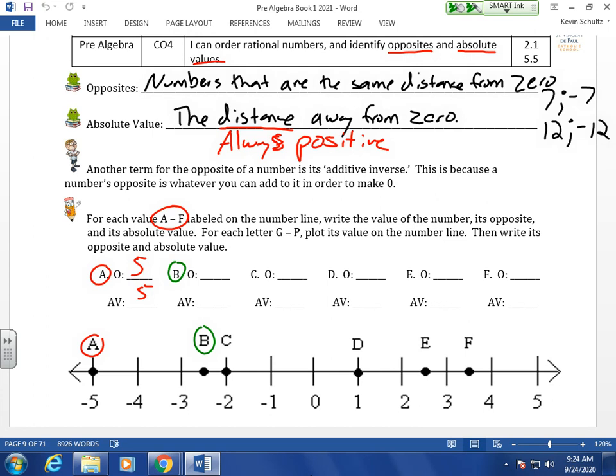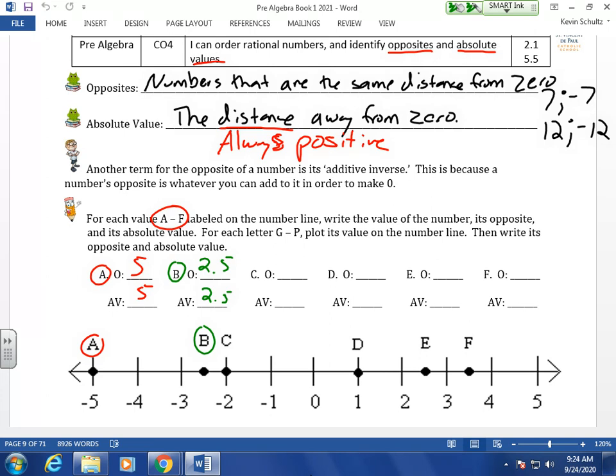Yes. Positive 2.5. And then what's the absolute value of negative 2.5? How far away from 0 is negative 2.5? 2.5. So again, in this case, we see that the opposite value and the absolute value of negative 2.5 end up being the same thing. Okay?